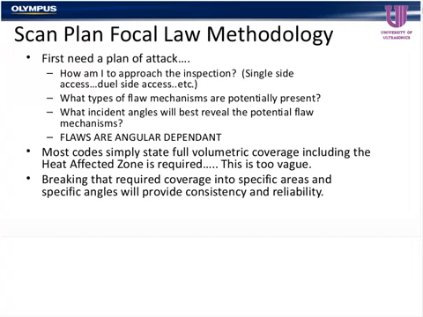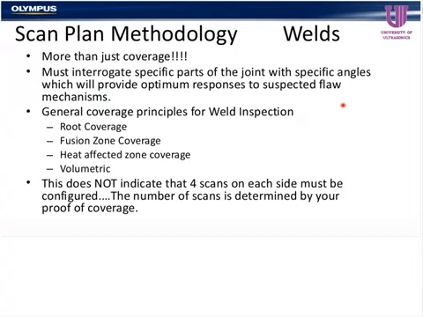So we've taken this and implemented it for a generic weld inspection. We realize that there are specific types of defects that are more prevalent in different areas of the part, and that there are better angles than others for detecting those defects.